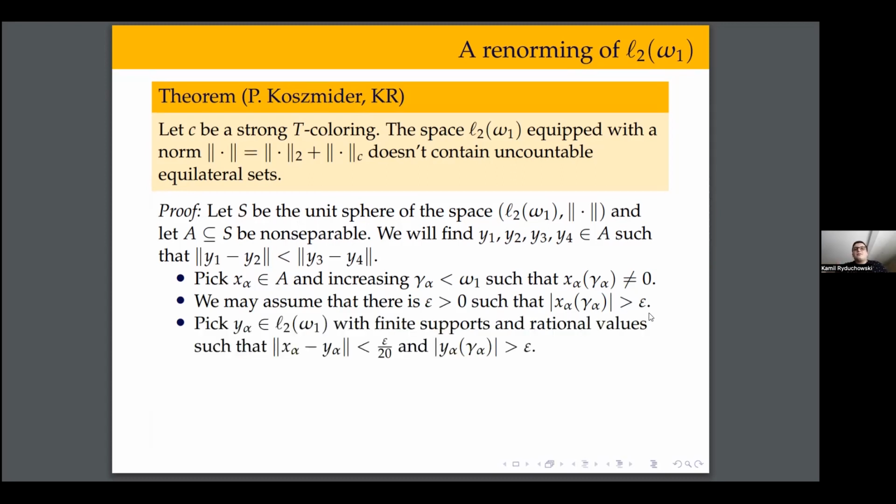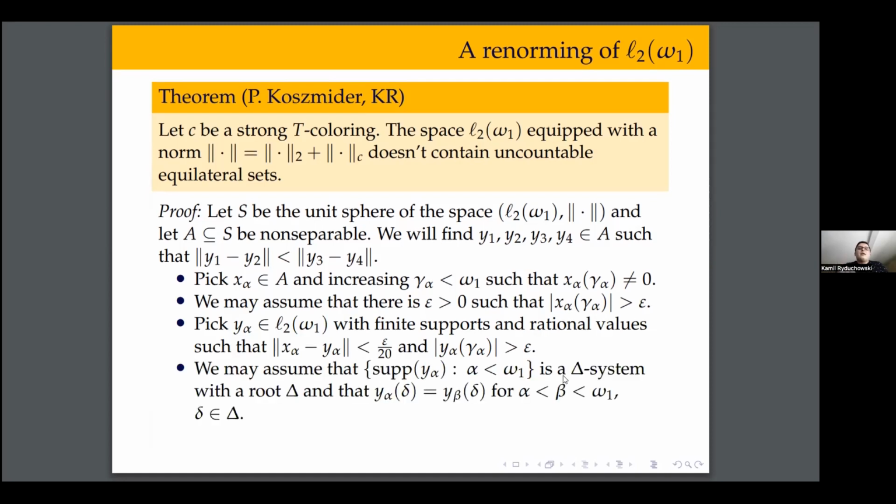Now approximate it well enough with vectors with finite supports and rational values, as in the proof. And here well enough means not only in the norm, but also to make sure that the value on those picked coordinates is still above epsilon.